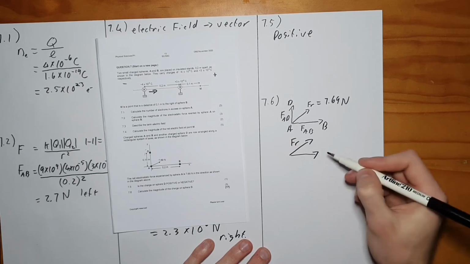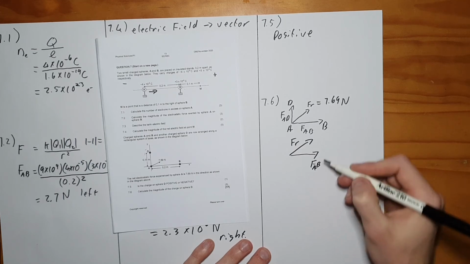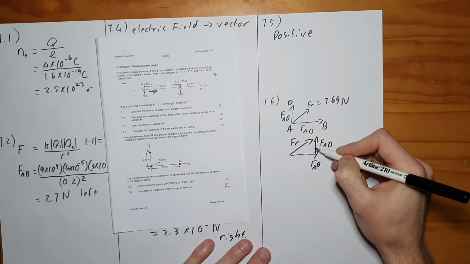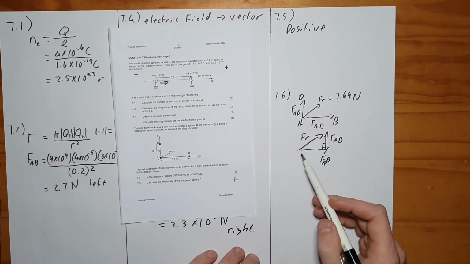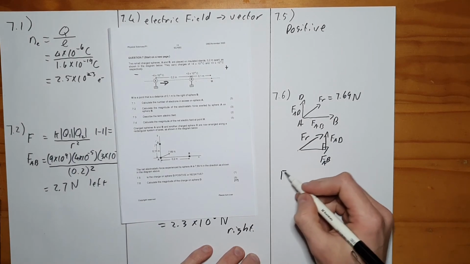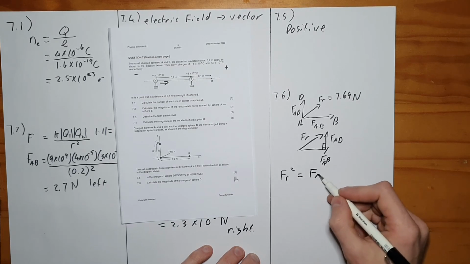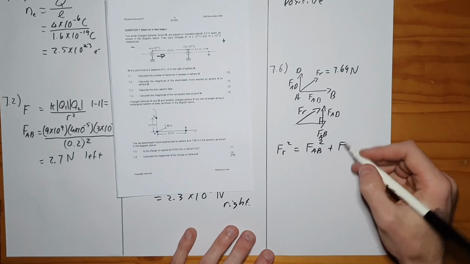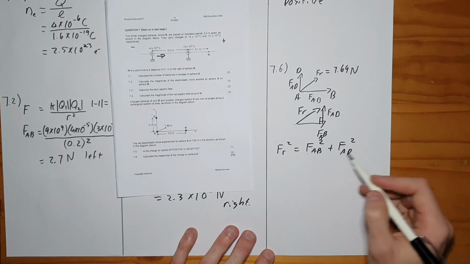Remember head to tail, that's F_B, and then this here now becomes F_AD. I have my 90 degrees, so I can use Pythagorean theorem. I have the hypotenuse and I have the base, so I can calculate the height. So F_R squared is going to equal F_AB squared plus F_AD squared.